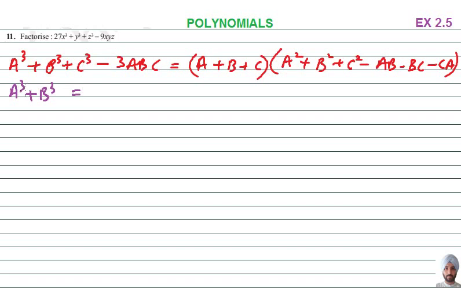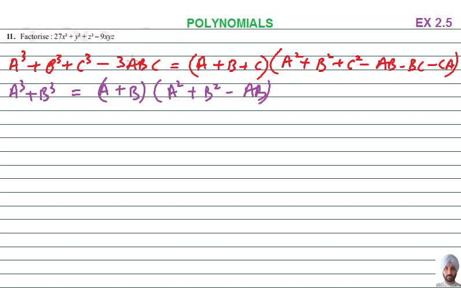We had already done personal properties in 2 different variables, personal cubes. Here we wrote a plus b, a square plus b square minus ab. So a cube plus b cube plus c cube minus 3abc is there.